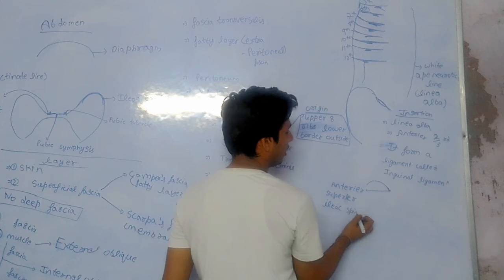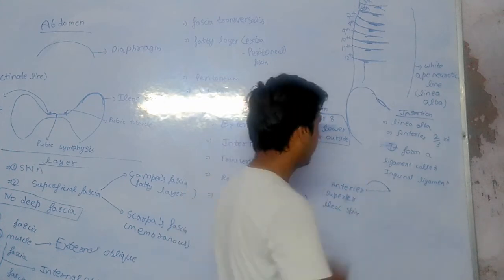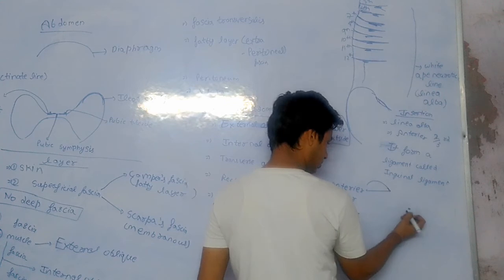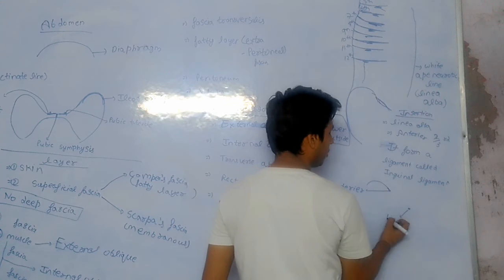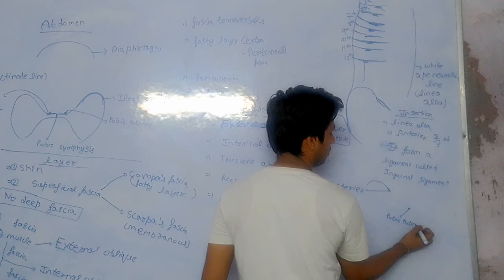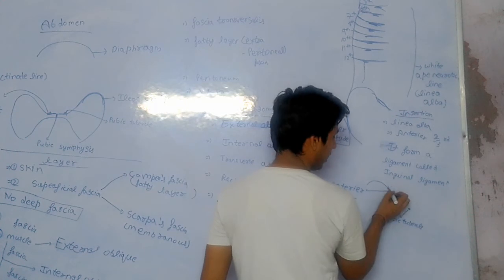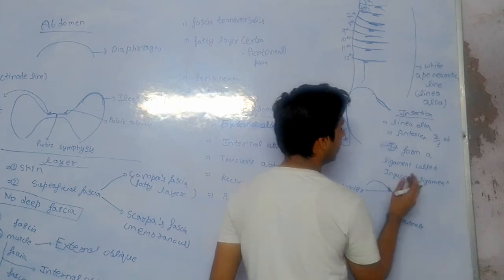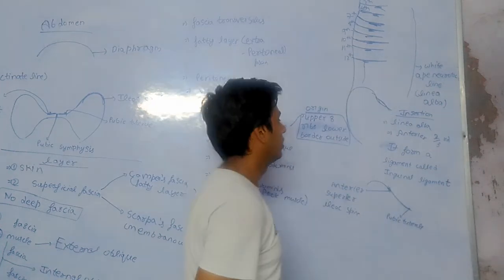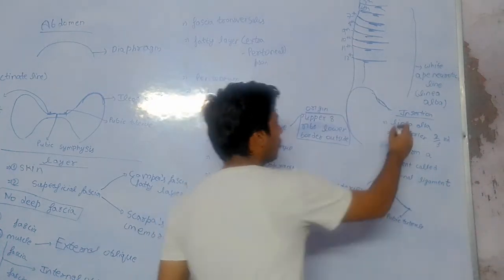This is a point on the iliac crest, anteriorly. And here we know the pubic tubercle on the pubic symphysis. So here is a ligament called the inguinal ligament. It forms the inguinal ligament in the anterior two-third portion.